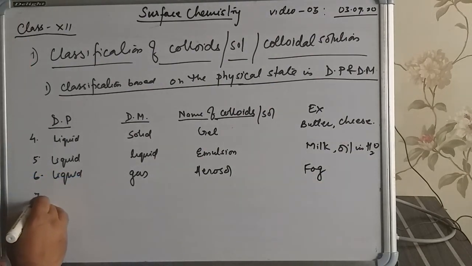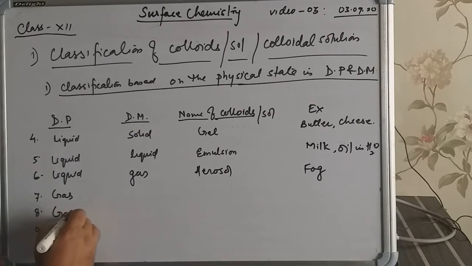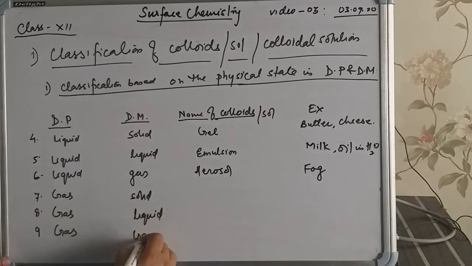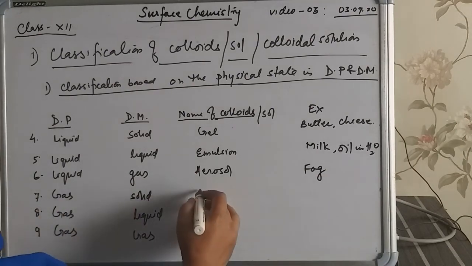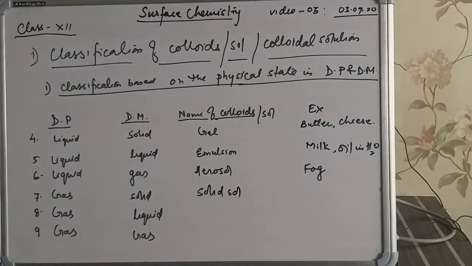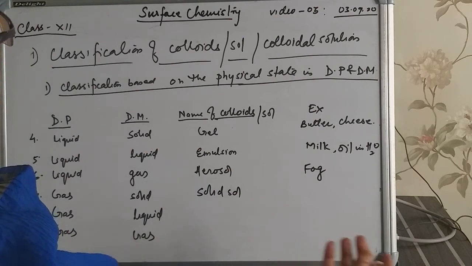Next, 7, 8 and 9. Gas in solid, liquid, and gas. Gas and solid forms solid sol, such as rubber, foam or sponge.